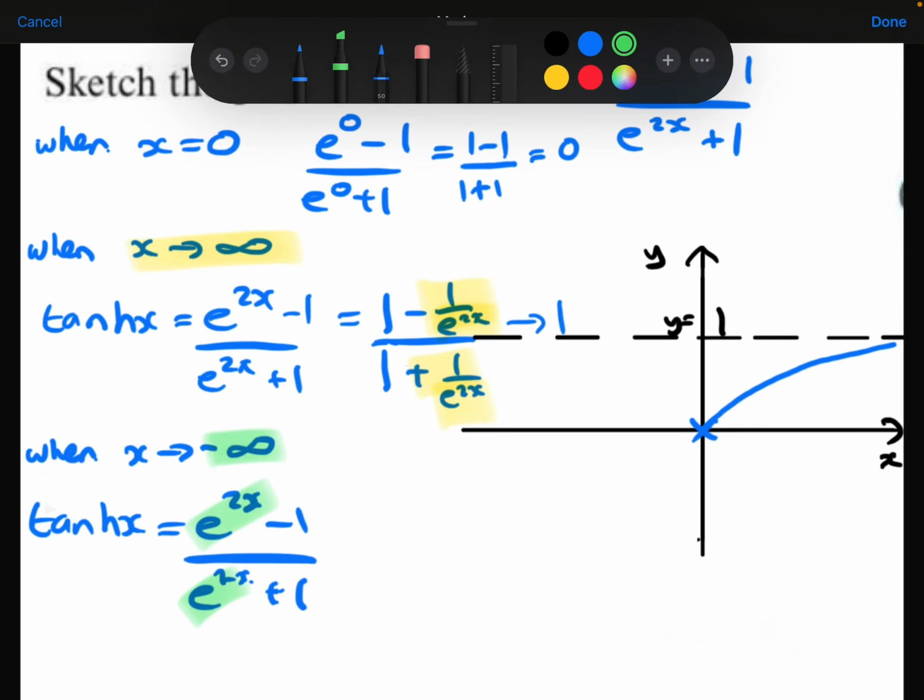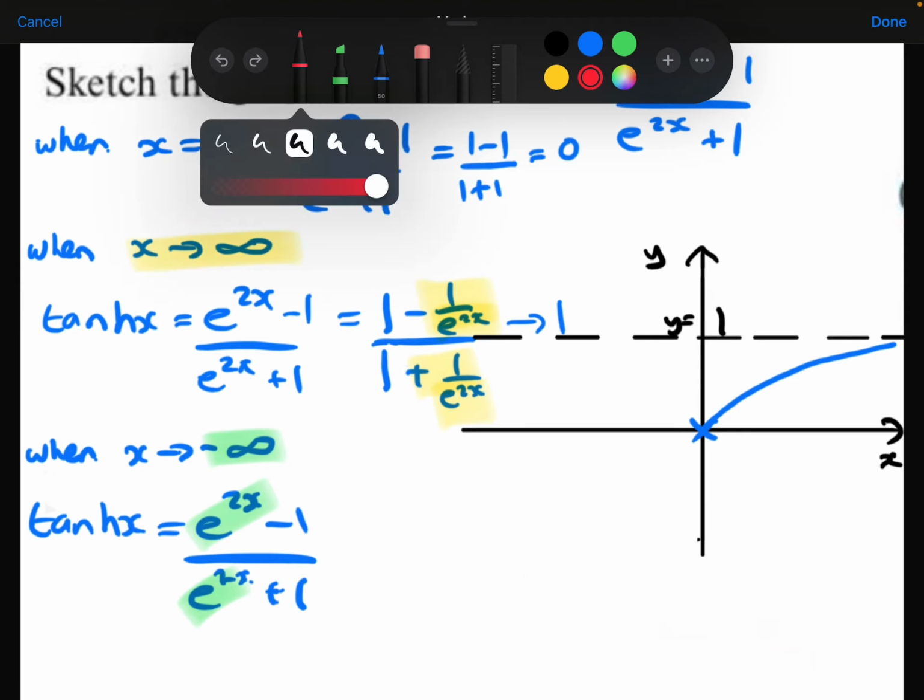I know that without any algebraic manipulation, because let's remind ourselves what the e to the 2x graph looks like. Remember, it looks like this. And so as x tends towards negative infinity, my graph tends towards 0.